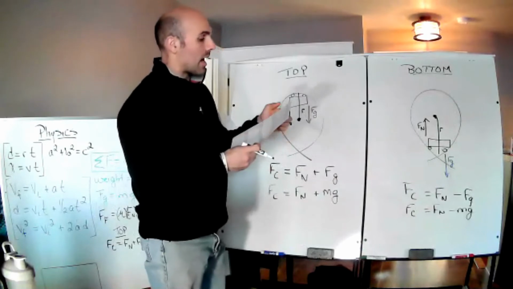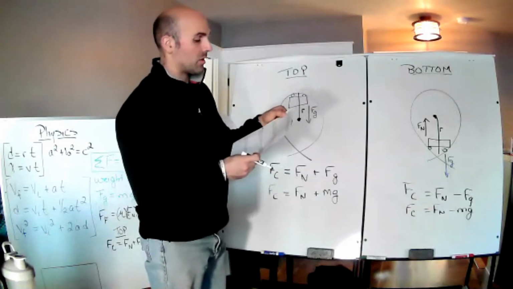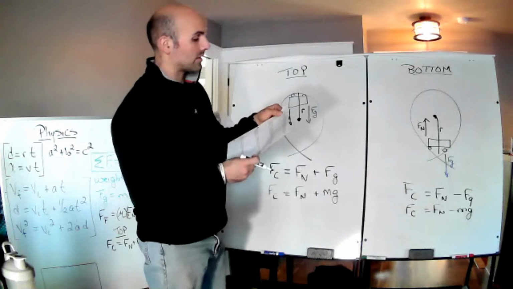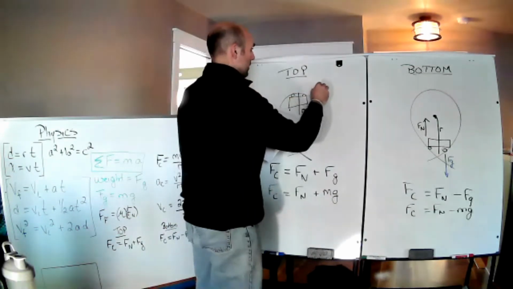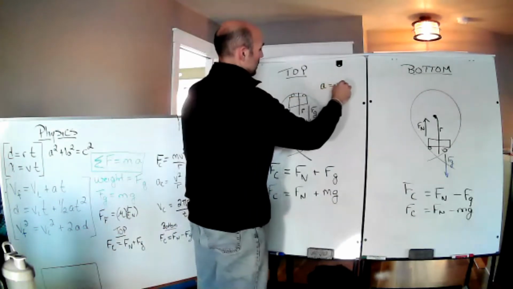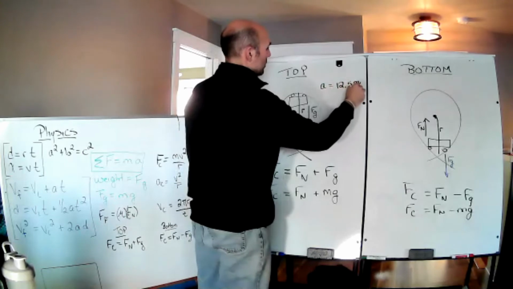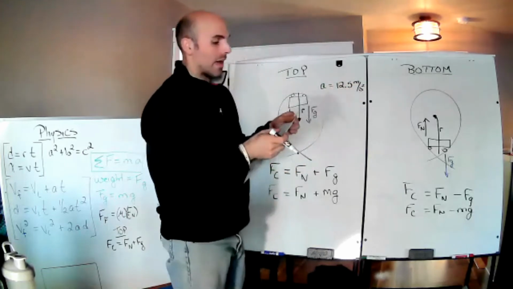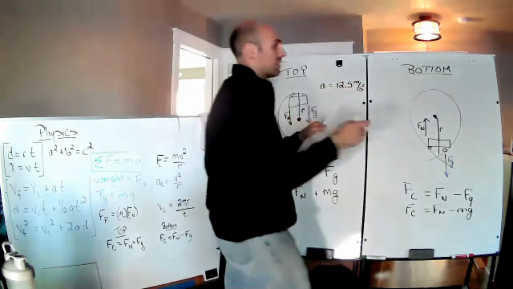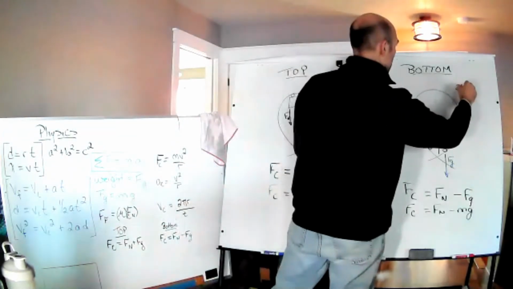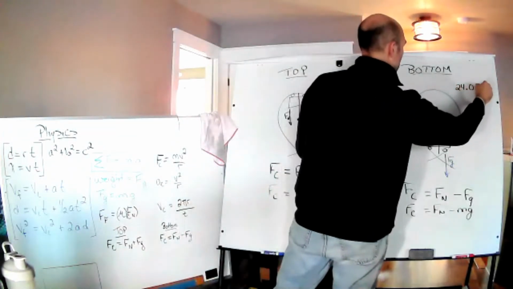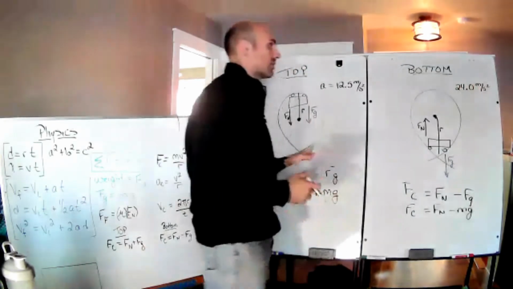At the top of the loop, she experiences a downward acceleration of a equaling 12.5 meters per second squared. At the bottom of the loop, she experiences an acceleration of 24.0 meters per second squared.